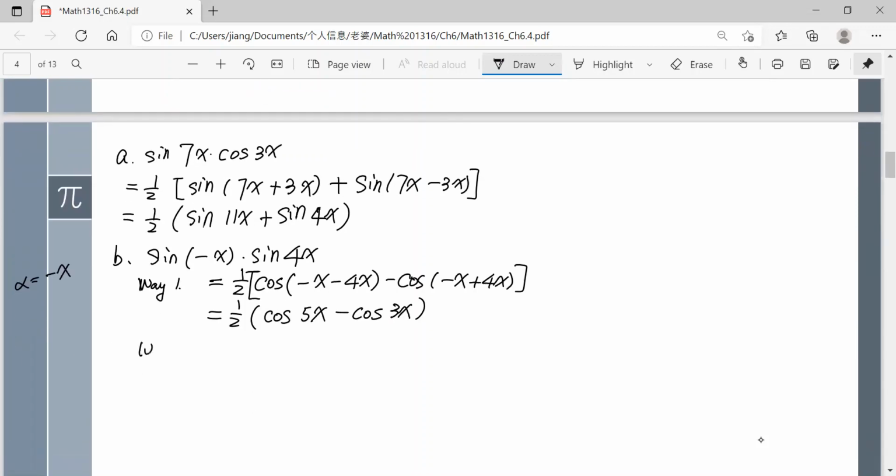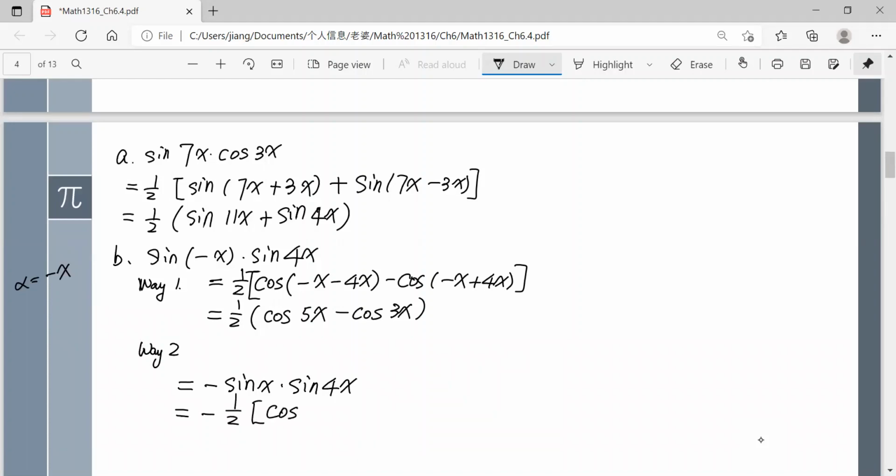Okay, that's the answer. And how about using another way? Way 2. Convert the first term to negative sine x times sine 4x. And then keep the negative sign in the front, 1/2.